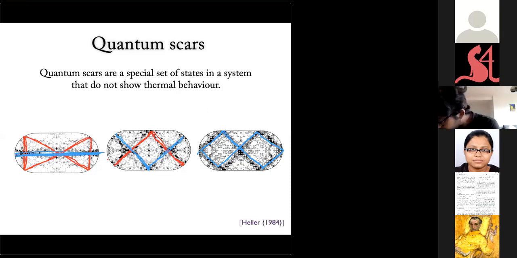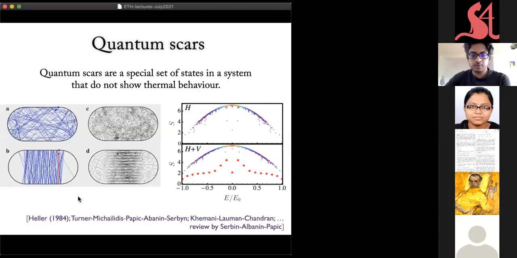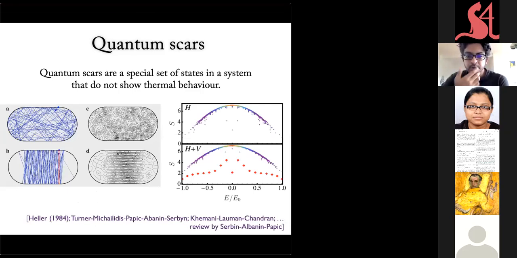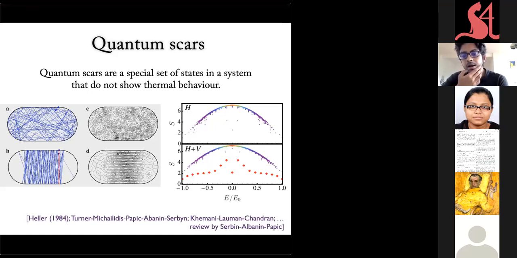Some of them might follow the area law, but not all of them, because you see from here the entanglement entropy kind of lies in between. Typically the excited states follow the volume law, but the ground state and the low-lying excited states follow the area law. So I'm just wondering where these kinds of states lie, between these, what is the special case?